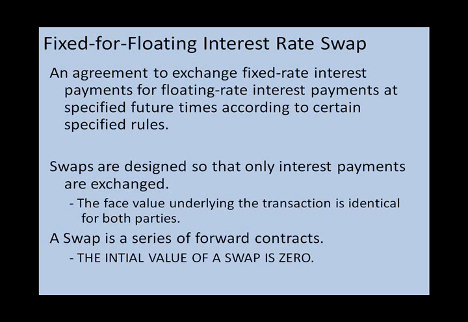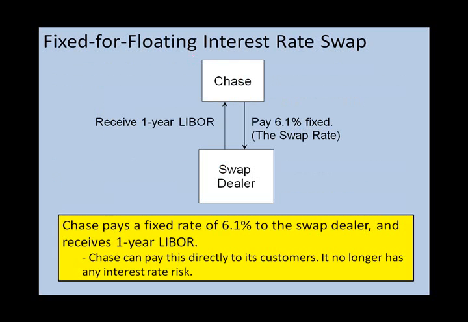We know that all forward contracts are equal to 0. The value is equal to 0 at initiation. That means that the initial value of a swap is also 0. That's good for Chase because that means Chase can hedge their interest rate risk or eliminate their interest rate risk using a product that costs nothing at initiation.